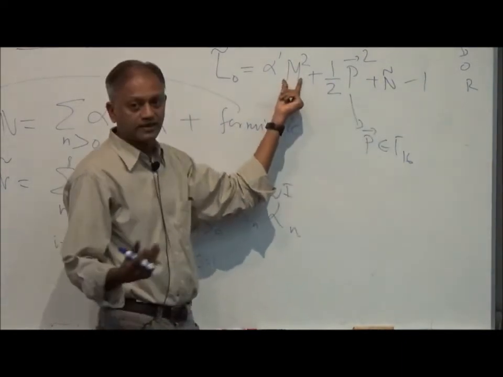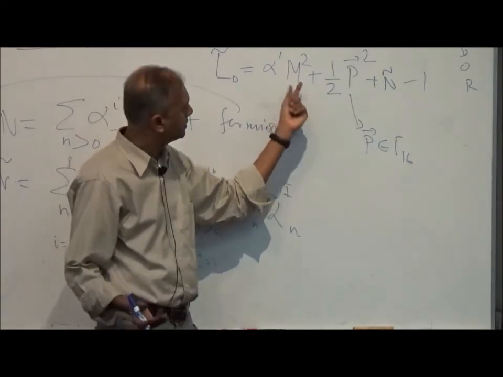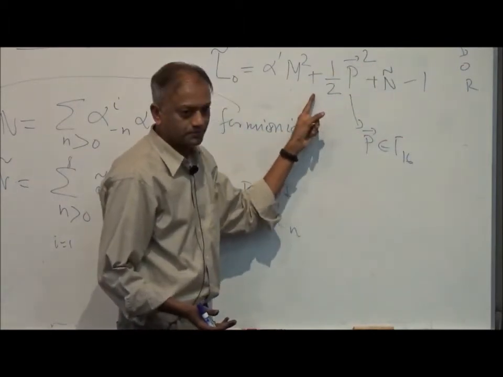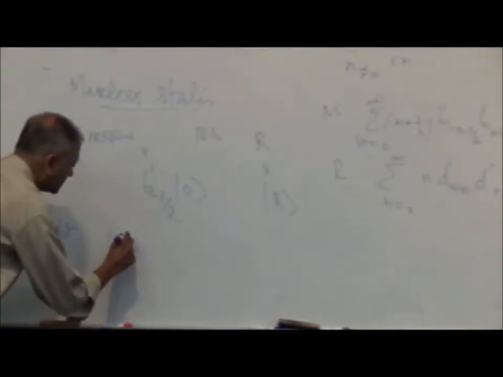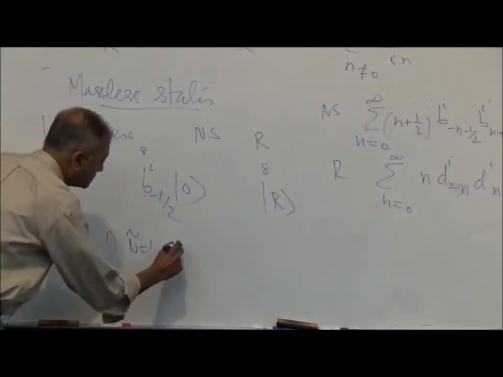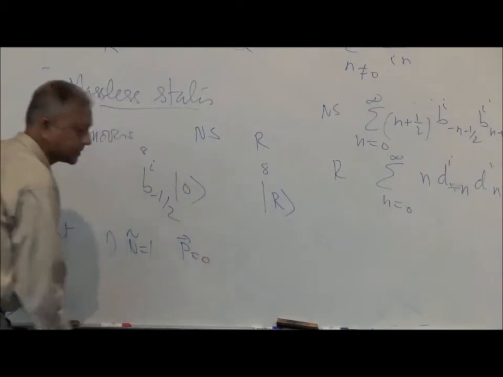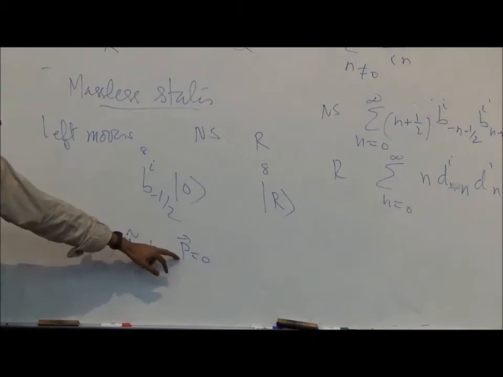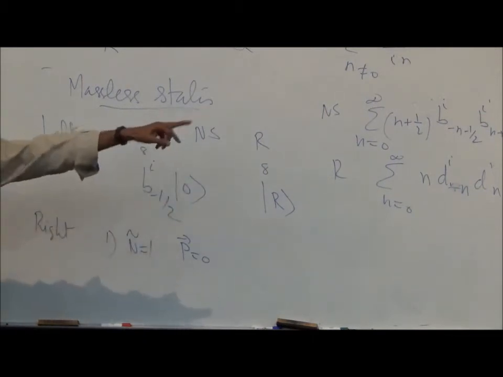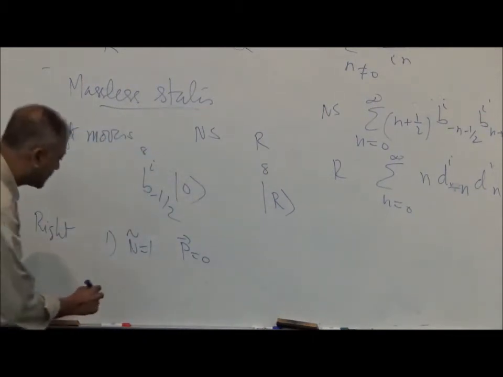In particular, we are looking at the massless state, so m squared equals 0. There are two possibilities. One possibility is n tilde equal to 1 and p equal to 0. Because p squared is 0 and n tilde equal to 1, so that becomes 0.